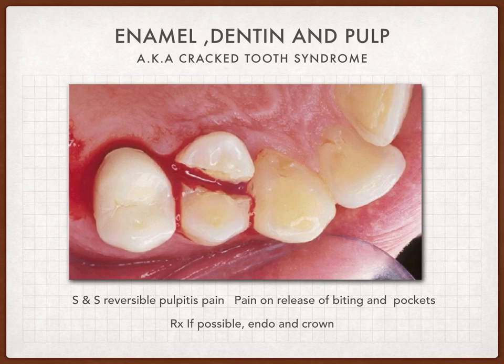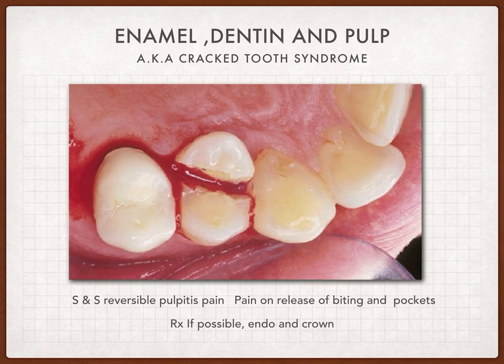This is the second case of the cracked tooth syndrome cases. The signs and symptoms: the sign, as we can see here, is a very obvious visible crack, and the symptoms are reversible pulpitis pain, or pain on release of biting, as I have said previously, and possibly pockets.